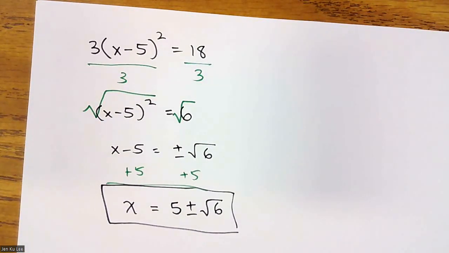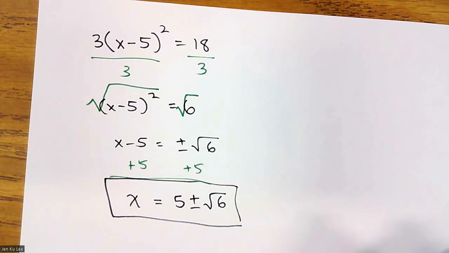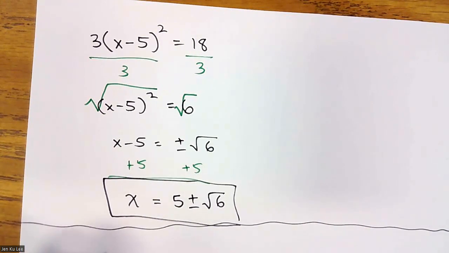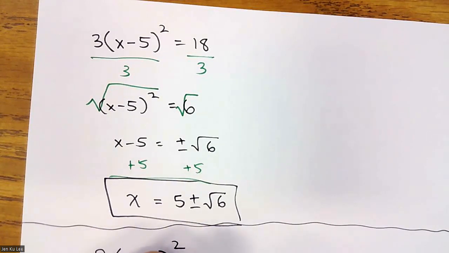Okay? Questions on this? Last example for today. 2 times x minus 3 quantity squared equals negative 32.